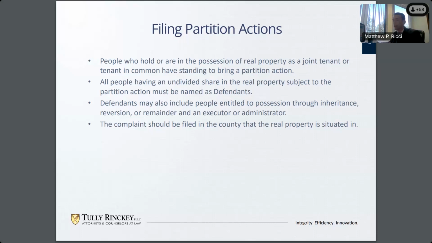I'm going to be talking about Section 905 of the RPAPL, which covers what must be included in the complaint. So as I go through it, again, feel free to take a look and reference as I go through. For starters, though, just reiterating what I already said at the beginning, the complaint should be filed in the county that the real property is situated in.